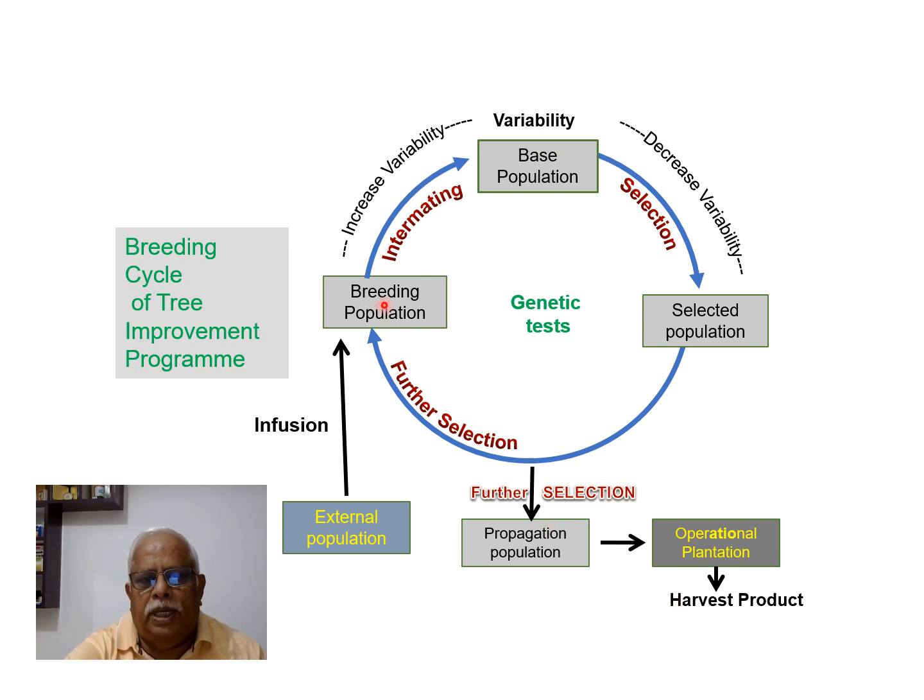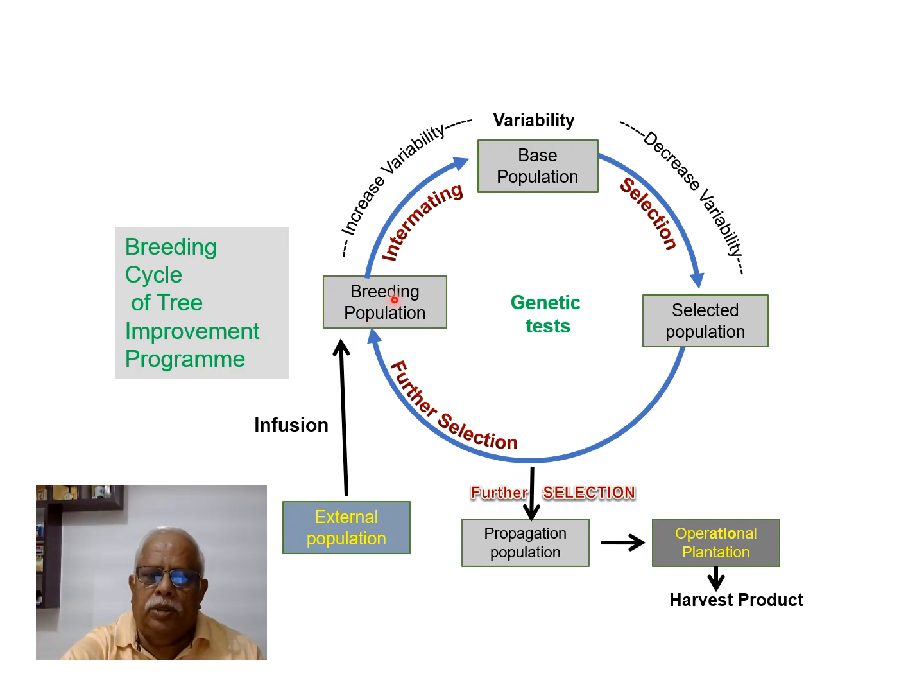The breeding population, we allow them to mate amongst themselves, and after intermating, we use it for next generation breeding. I have shown it here as a base population. It is not the same base, it is some other base. It becomes a base for next generation breeding. So don't get confused that it is coming back to the base population. No, it is a different base population which is used for breeding for the next generation activities.